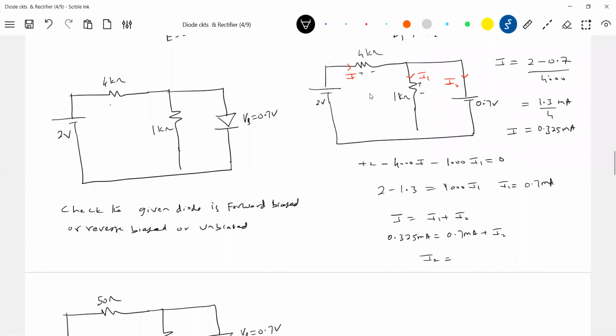What is I2? Minus 0.375. I got negative. So what shall I do with this negative sign?